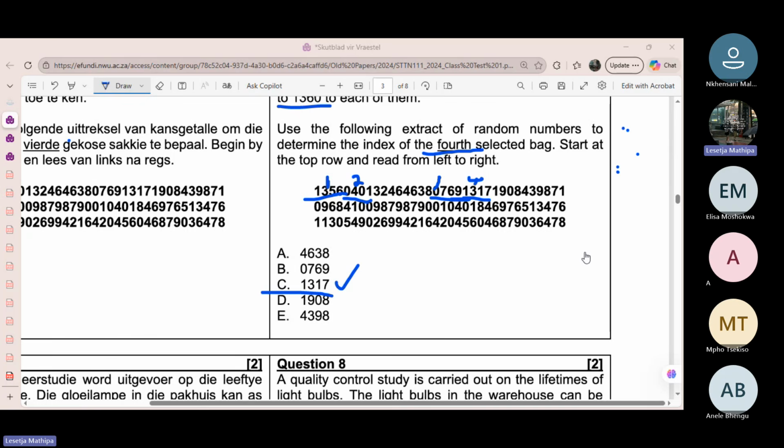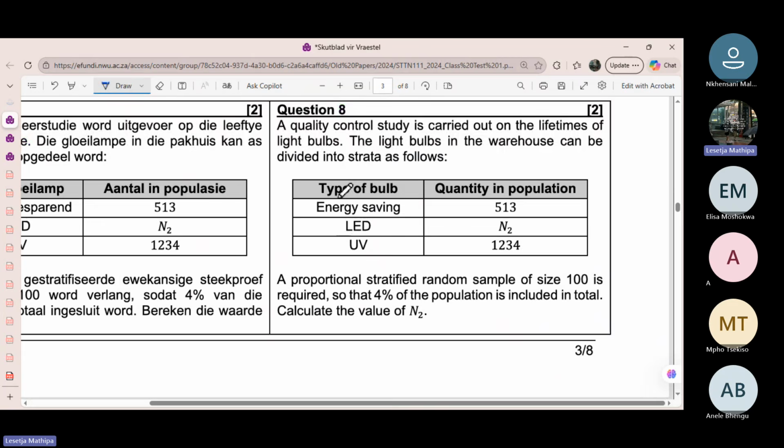Please confirm the question paper, if it was 2025. I'm not sure if she's offline or what. Let's do this one.